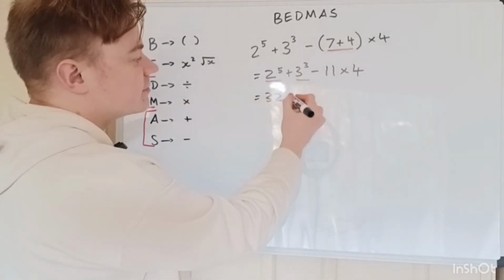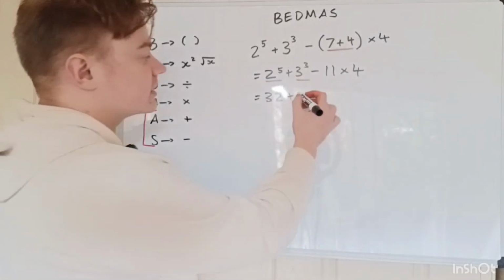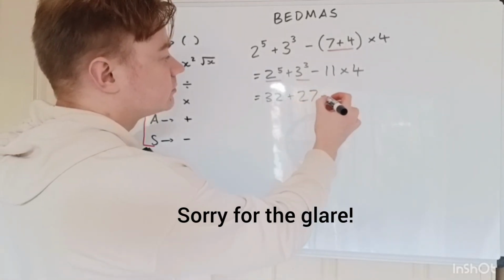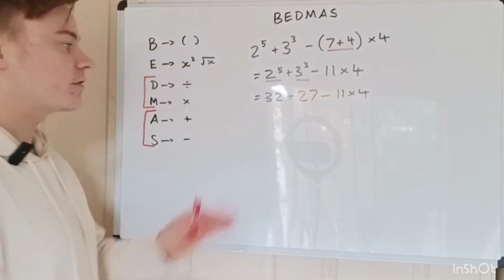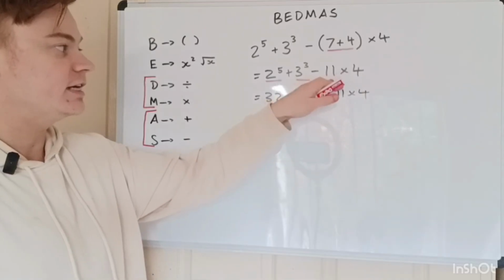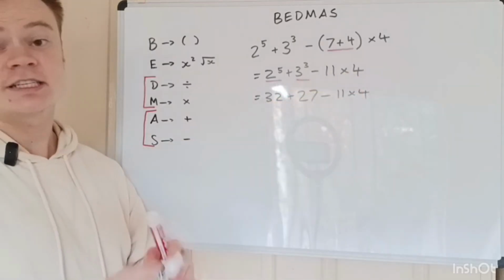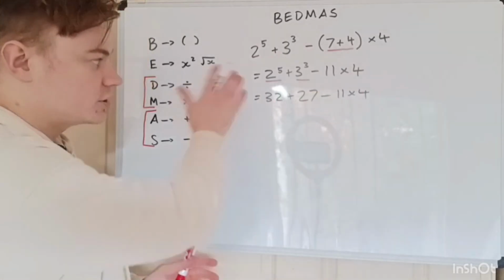And 3 to the power of 3 is 3 times 3 times 3, which gets us to 27. So we've got 32 plus 27 minus 11 times 4. Notice how the minus 11 times 4 just stays exactly the same. We don't touch that at all. We just do our exponents.